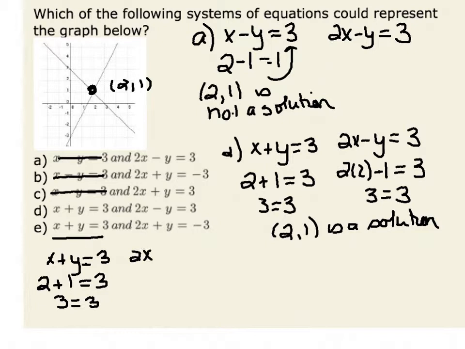When I have 2x plus y is equal to negative 3, when I substitute 2, 1 into this equation, I get 2 times 2 plus 1, and that does not equal negative 3, because 5 is not equal to negative 3. Therefore, 2, 1 is not a solution to the system of linear equations represented in E.